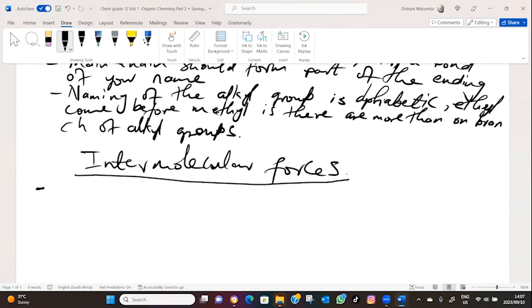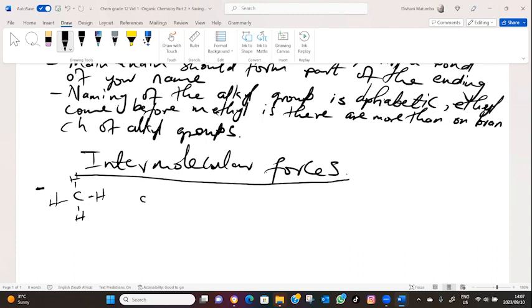The intermolecular forces are not bond forces that, let's say, for instance, if you have methane. Now, these are intramolecular forces.